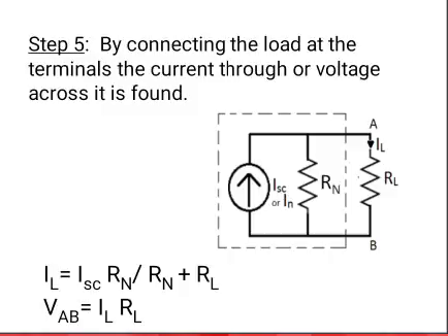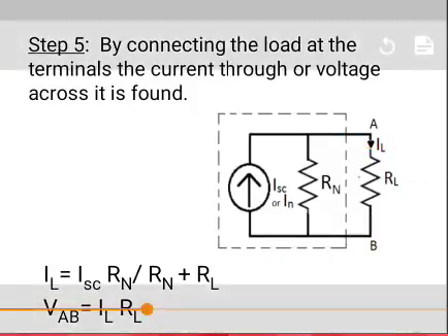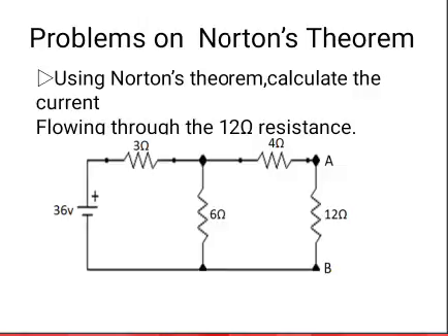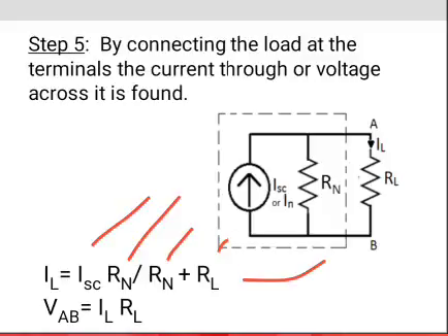Finally, by connecting the load at the terminals A and B, the current through or voltage across it is found. That means IL equals ISC into RN divided by RN plus RL. And also we can calculate the value of VAB. VAB equals IL into RL.